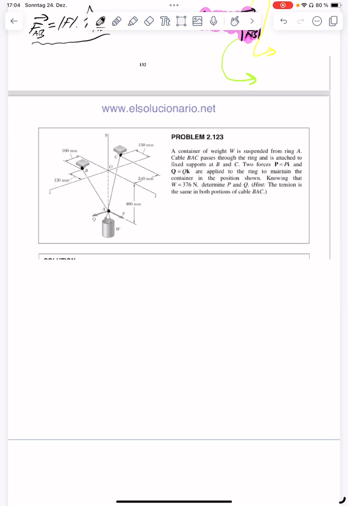We must first of all determine the BA vector and CA vector.